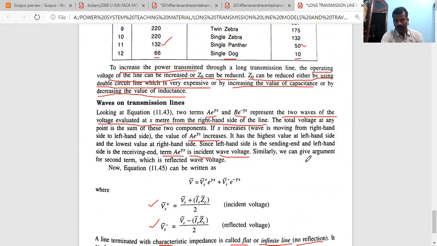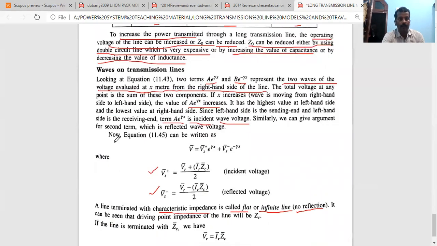Now the value of A e to the power gamma x increases when you move from right hand to left hand, from the receiving end to the sending end. When you move, this A e to the power gamma x will get increased, right? And it has the highest value at the sending end, right?